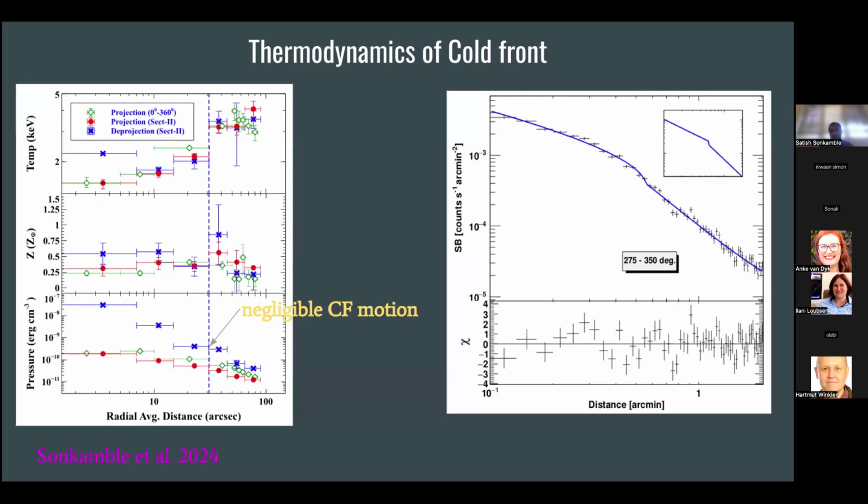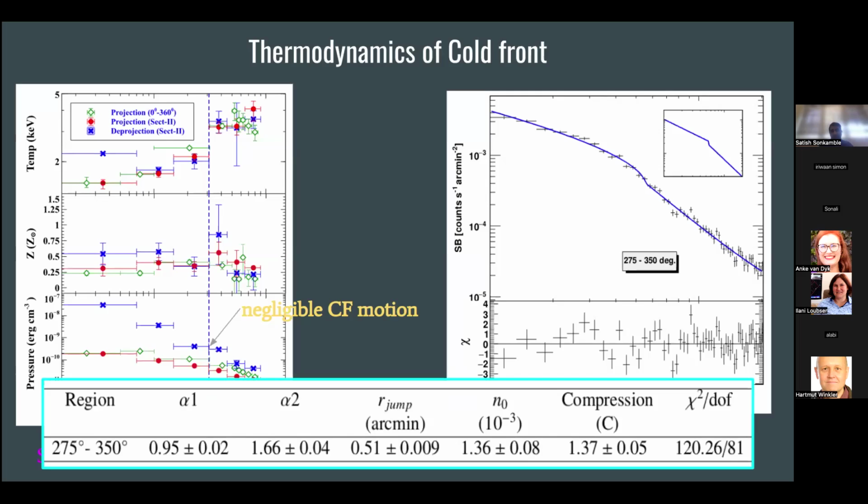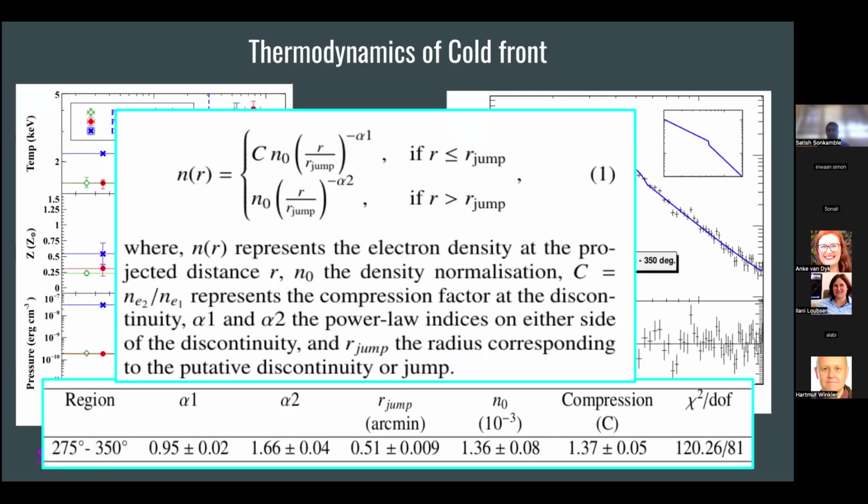Thermodynamically, this indicates that we can model the cold front using a broken power law model. There is a temperature jump in both projected and deprojected spectroscopy, and we can see constant pressure. It indicates that the cold front motion is very negligible in the intracluster medium, the ICM.